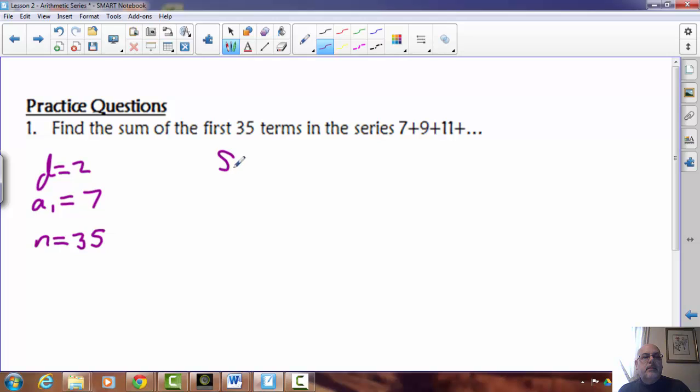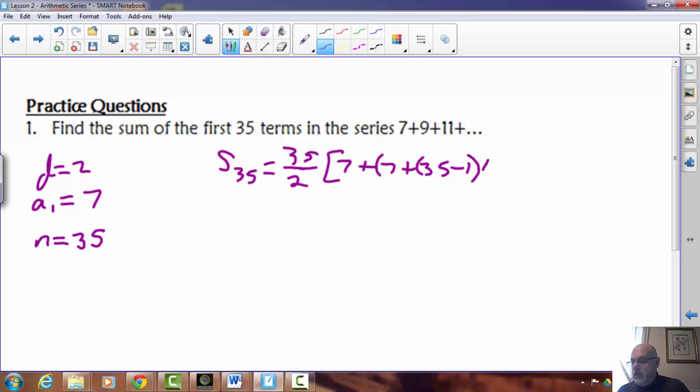So we're looking for the sum of the first 35 terms is equal to 35 over 2 times 7 plus, now we're going into the other formula, 7 plus 35 minus 1 times 2. So you get 17.5 times 7 plus 35 minus 1 is 34 times 2 is 68.